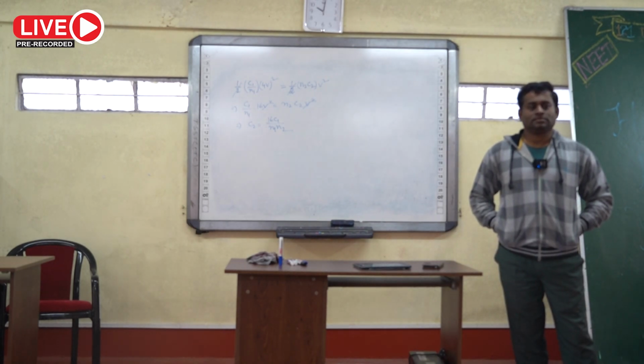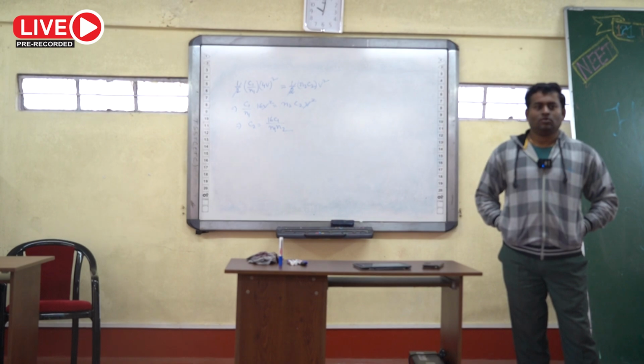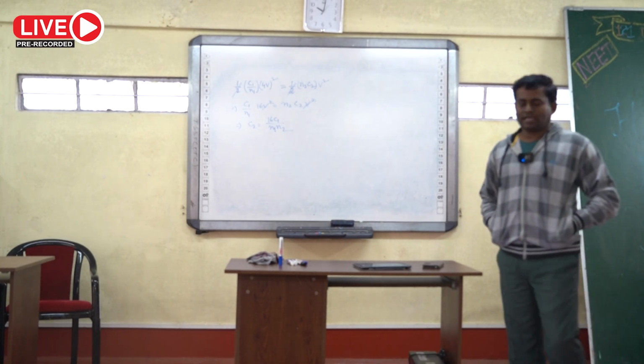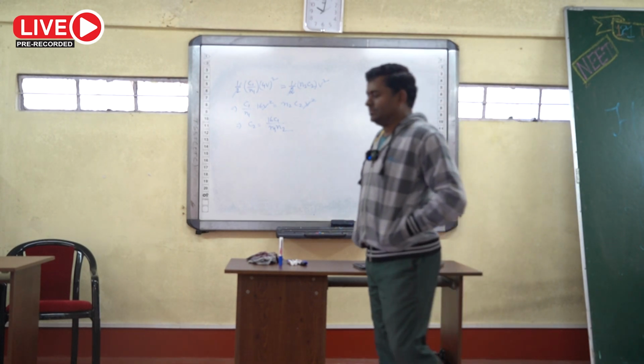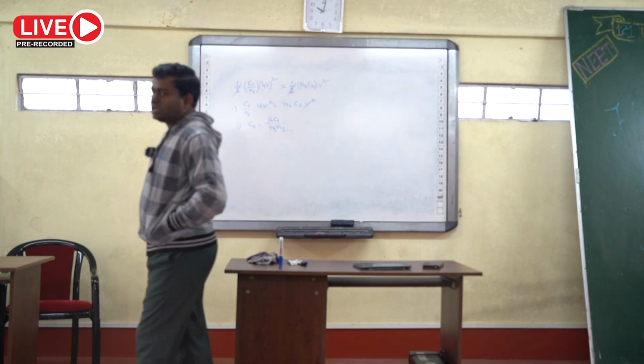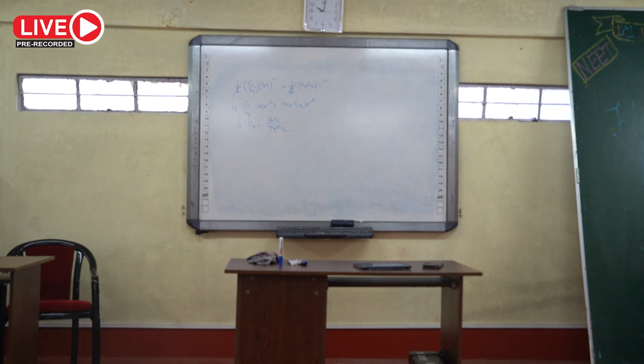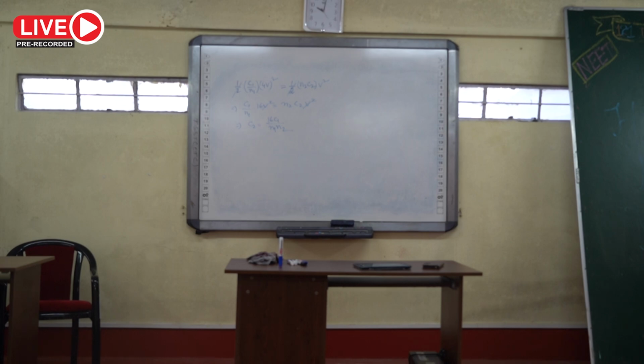A cell when connected with a resistance R1 produces power P across R1.